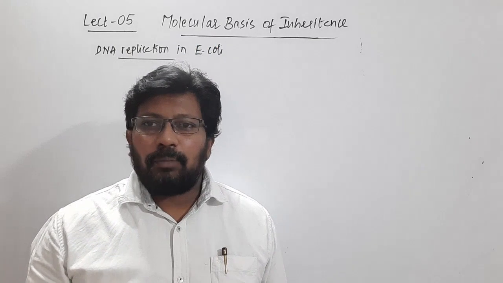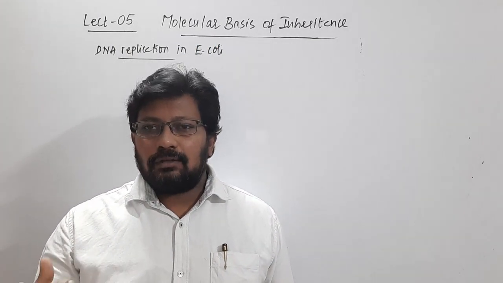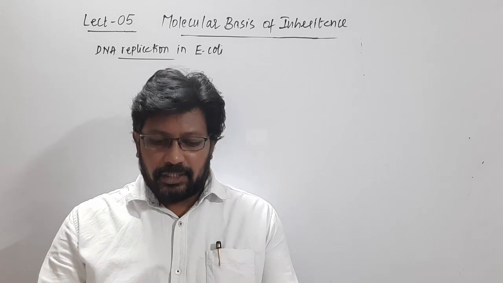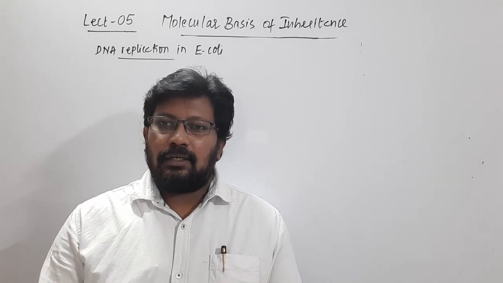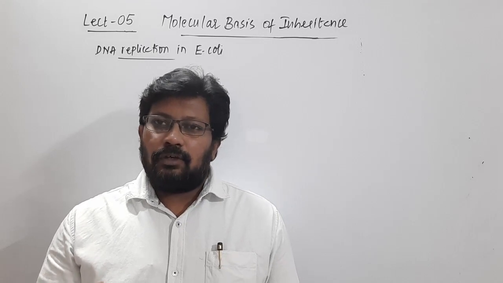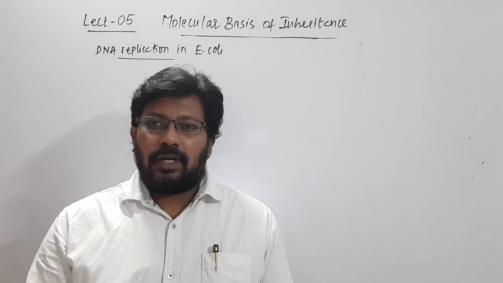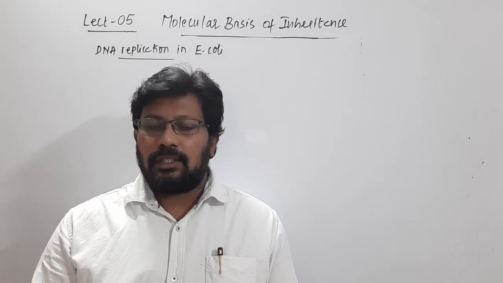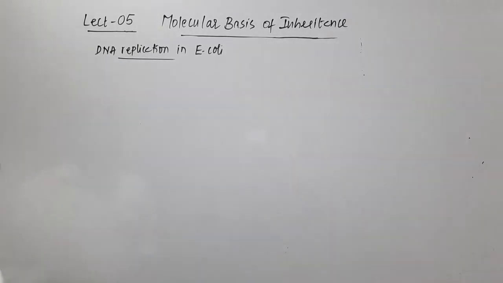First we need to understand how DNA replication simply takes place. That we will understand by studying prokaryotes, and we know E. coli is a prokaryotic organism. So first we will understand in these prokaryotes how the process of DNA replication takes place.